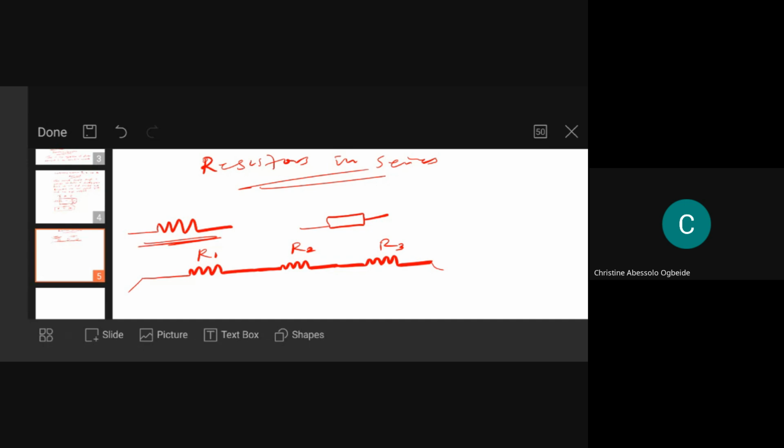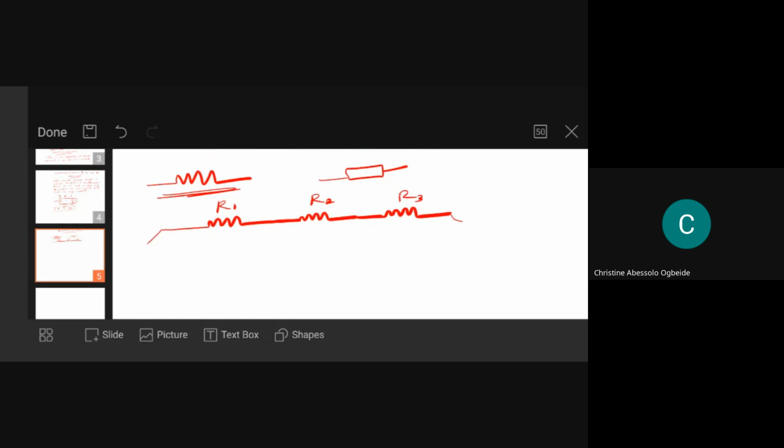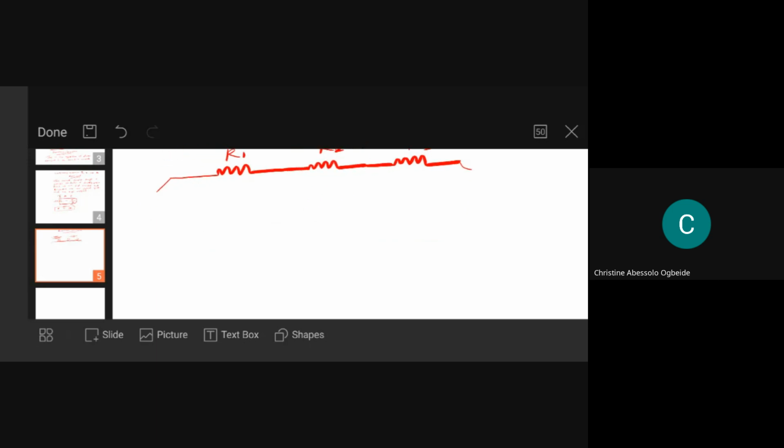Anytime resistors are connected end to end, we call such a connection a series connection. Once they are connected end to end, the effective resistance can be obtained by summing up the resistance of each resistor. My R equivalent, R subscript E, or R total, the total resistance in the circuit, RT, is equal to R1 plus R2 plus R3 in this case.